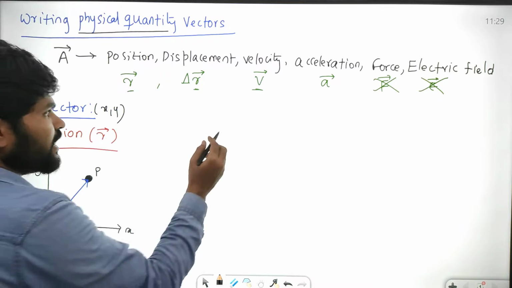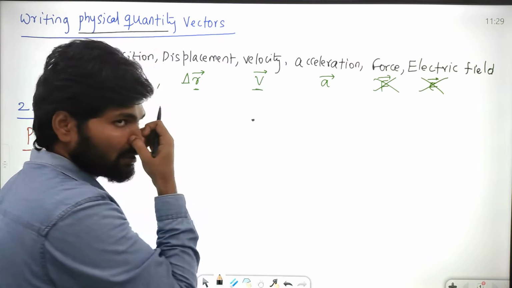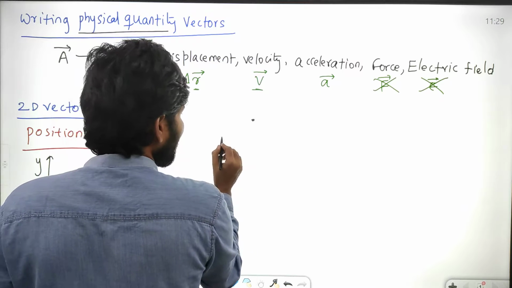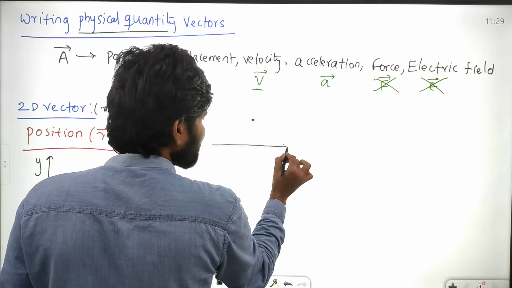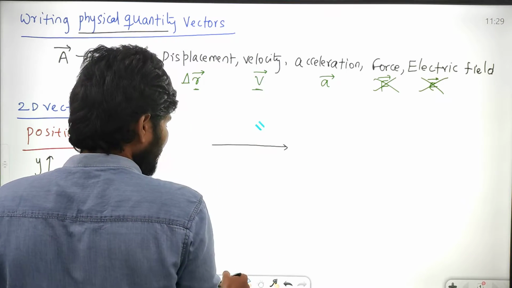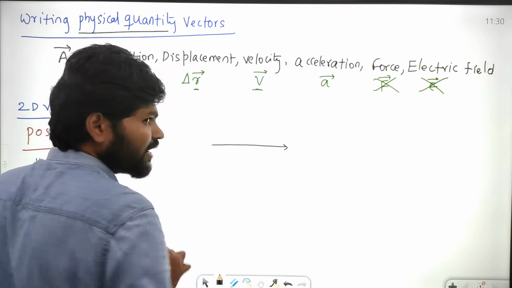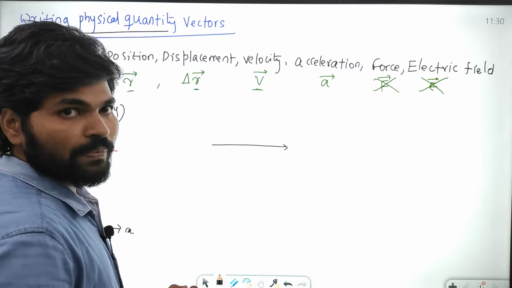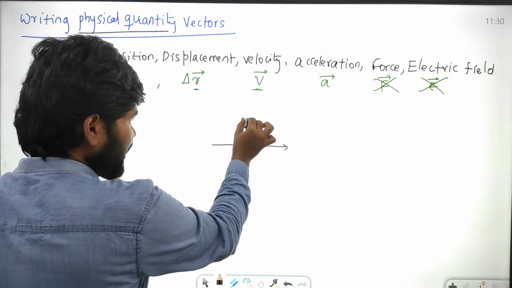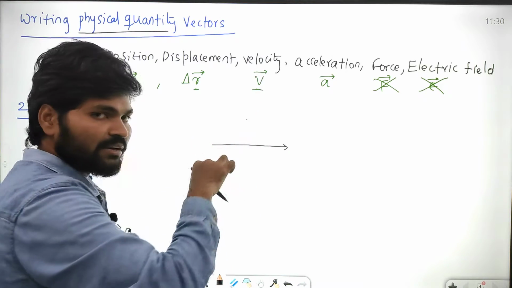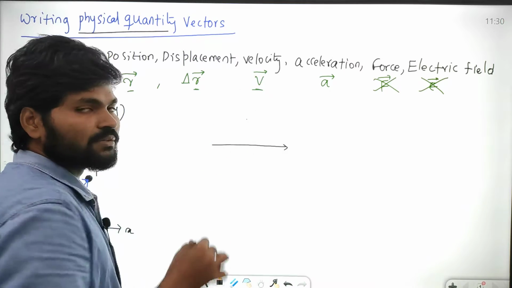See, this is the position. I am representing this position in vector form like this. Then I call this a vector, the position vector. The point is located somewhere; that is the position of the point.